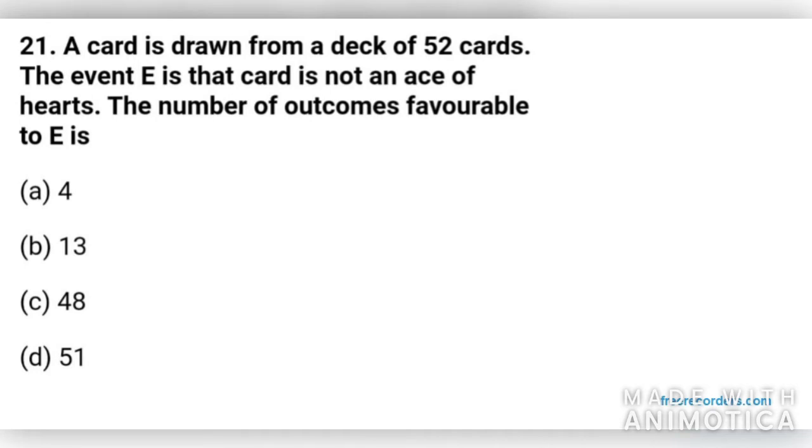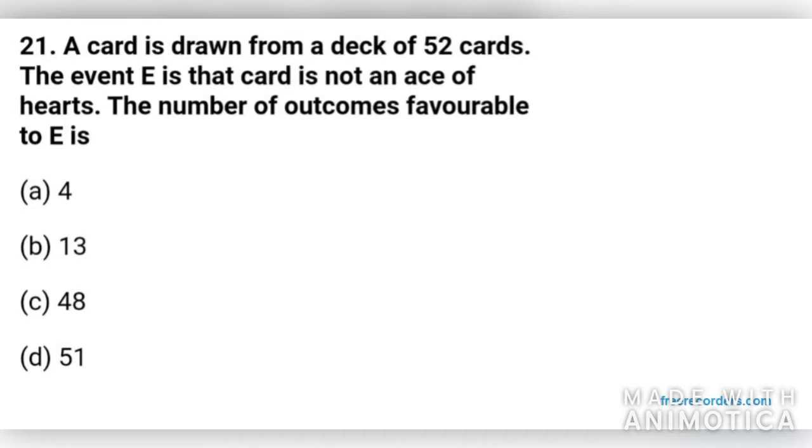Moving on to another one, it says a card is drawn from a deck of 52 cards. The event E is that the card is not an ace of hearts. The number of outcomes favorable to E is. So favorable event E is all cards except the ace of hearts, and the ace of hearts is only 1.